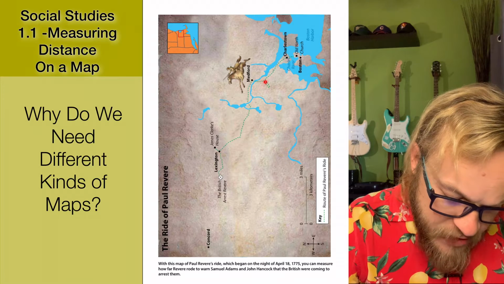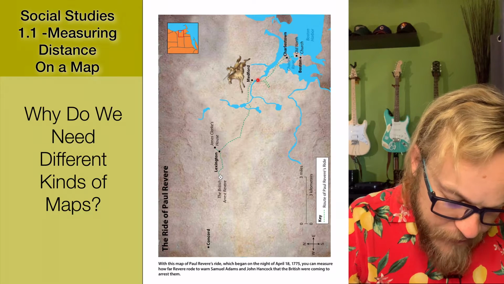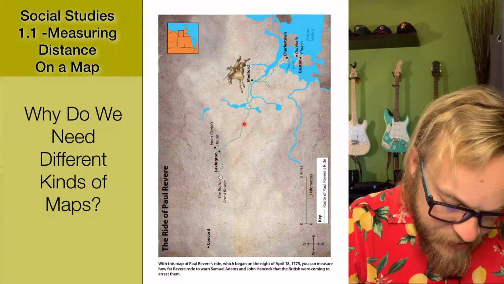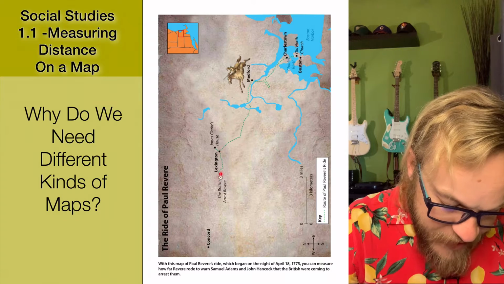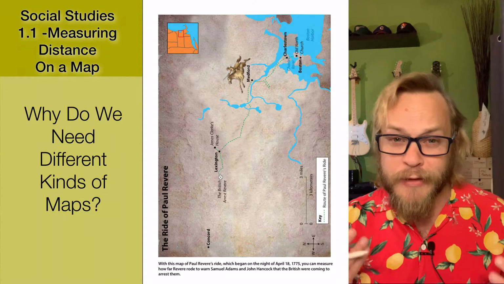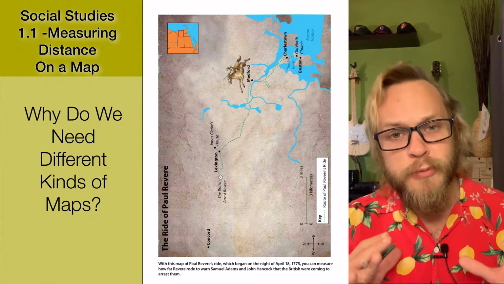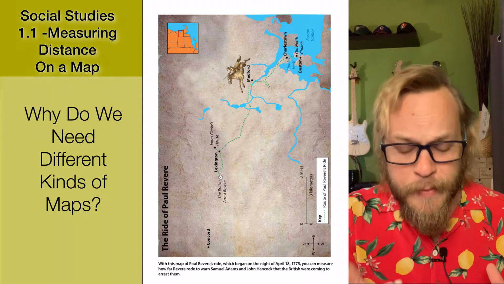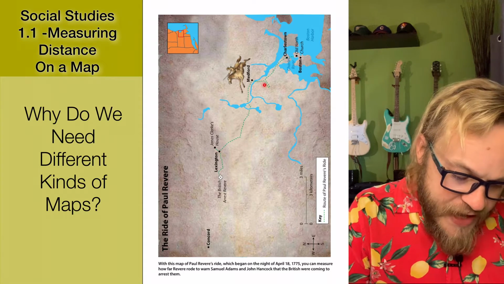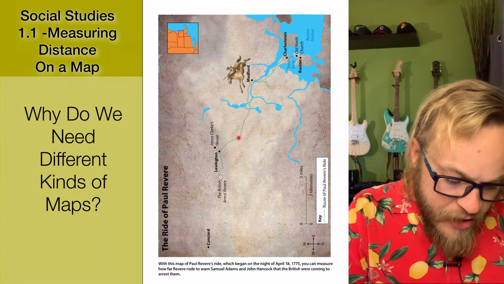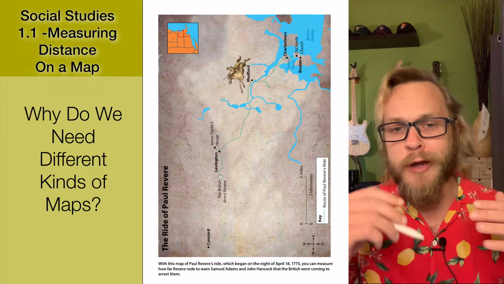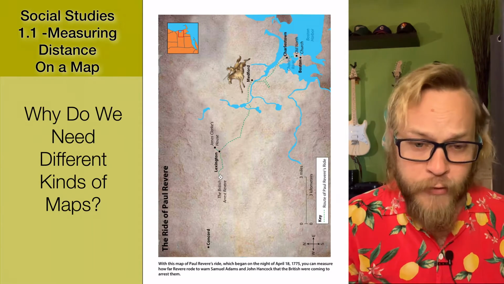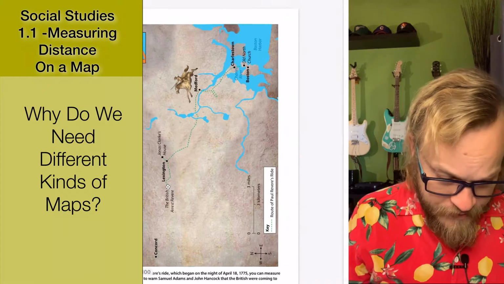So if you measure out, you say, that's about 3 miles, that's about 3 miles, that's about 3 miles, and that's about 3 miles. About 12 miles. And those are rough estimates. You see that his path, this green dotted line, kind of goes in and out. And the more twists and turns you do, the further you have to travel.